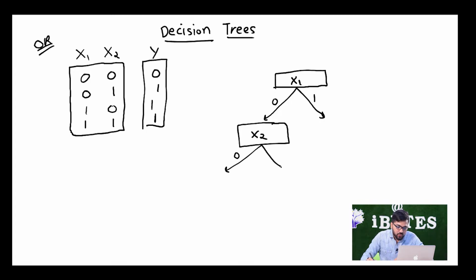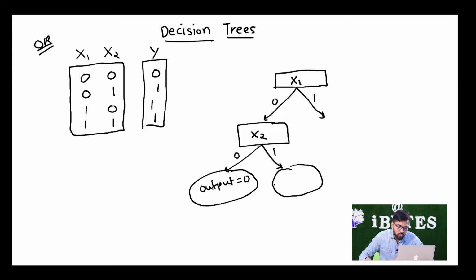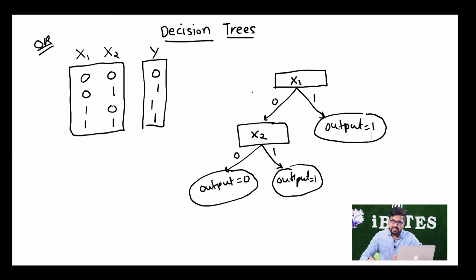If x2 is 0, then I can say my output is going to be 0, and here my output is going to be 1. Over here I don't even have to look at x2. I can straightaway say that my output is going to be 1. So, basically this is a very simple diagram for the OR table.